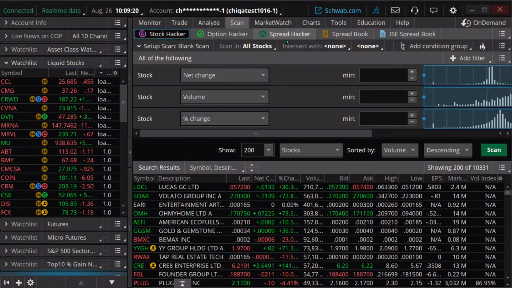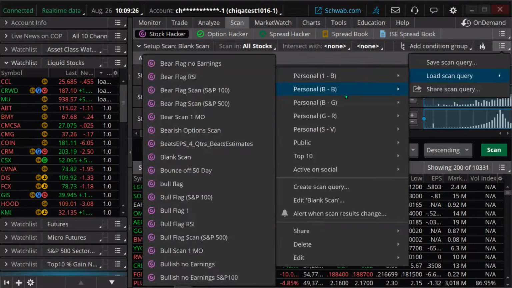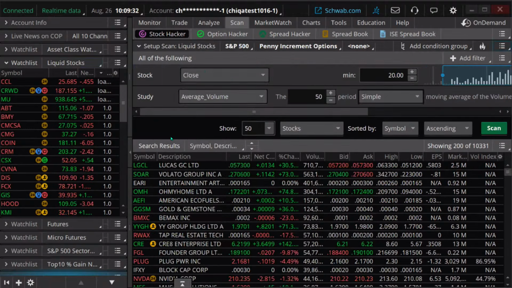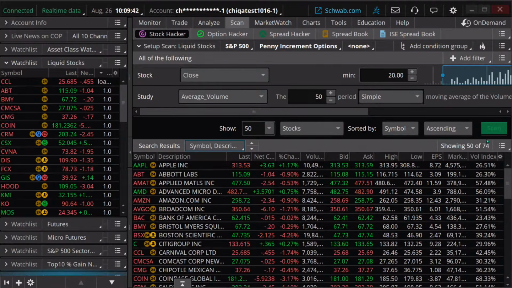Okay, so let me go over here. I can go to my little menu over here. I can go to load scan query, personal, and I've saved this as liquid stocks. Now let's look at this. Okay. And I can click on scan and run it. Okay. So instead of 13,000 stocks or something like that, it narrows the list down to 74 stocks.